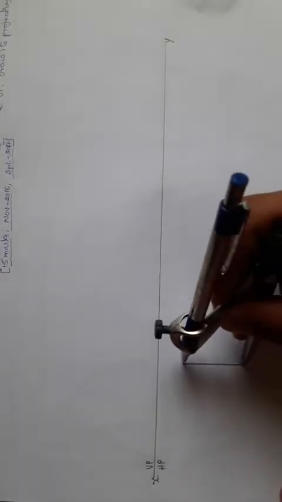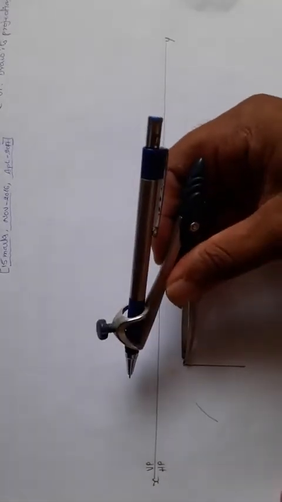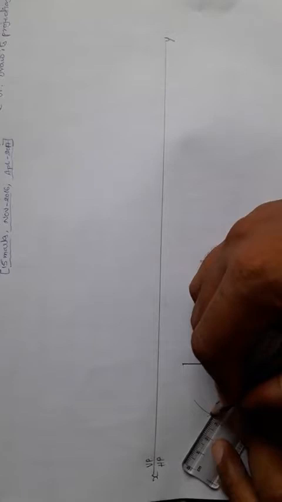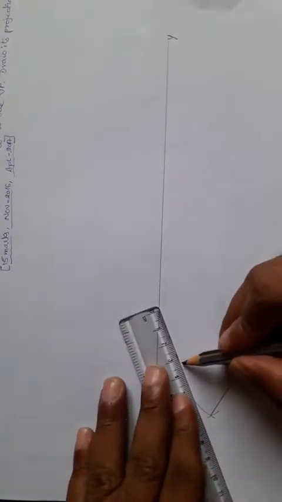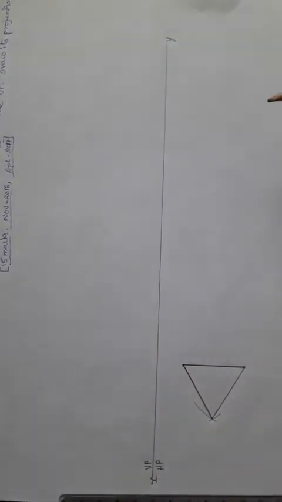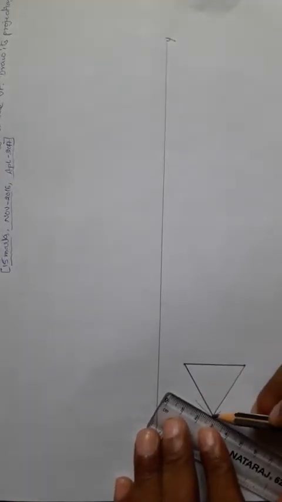Now I am going to use a divider, taking a distance of 35 mm and marking it on one side. Similarly, from this point, mark it on the other side. So from this point to this point is a distance of 35 mm.